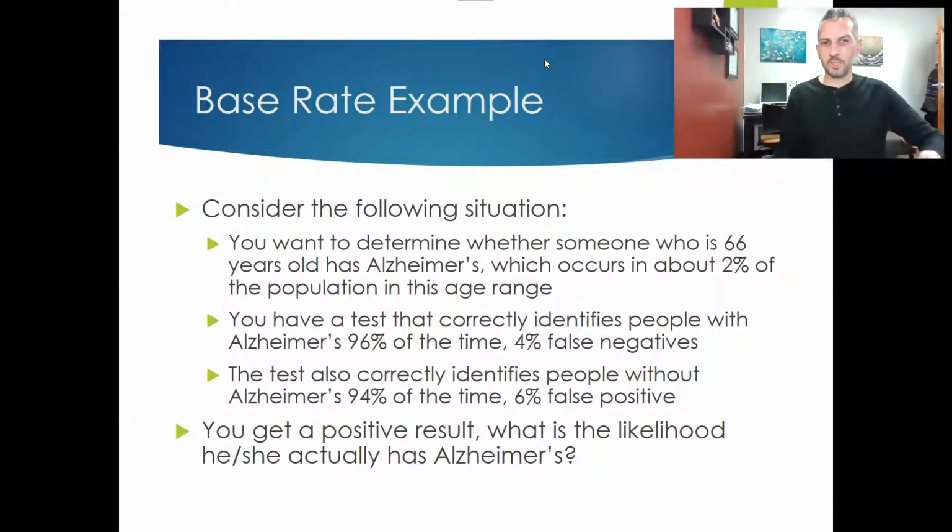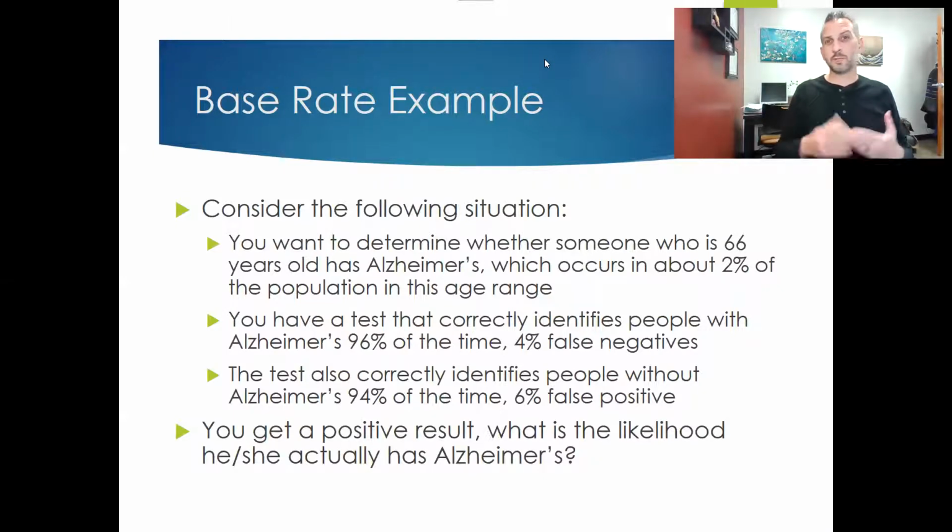The conclusion that yes, they have Alzheimer's will apply 96% of the time if they do have Alzheimer's. 4% of the time, they can have Alzheimer's and the test says no. You could also use the test with people without Alzheimer's, and 94% of the time it'll say no, they don't have it, and be correct. But 6% of the time it'll be wrong, a false positive. It'll say they have Alzheimer's when they don't.